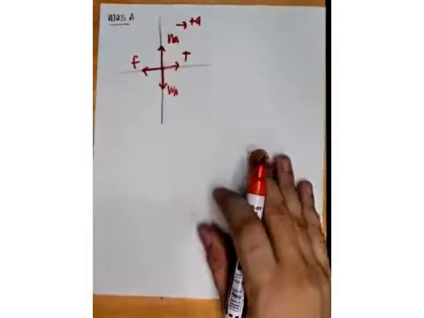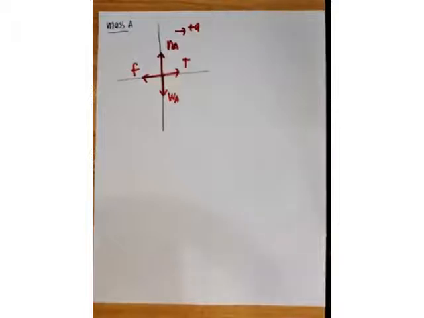Okay, class, remember this. Don't forget this. It will save you some time if you remember this. If we have a coefficient of kinetic friction, the first thing that you need to find in the FBD of a particular object is the normal force. Always.